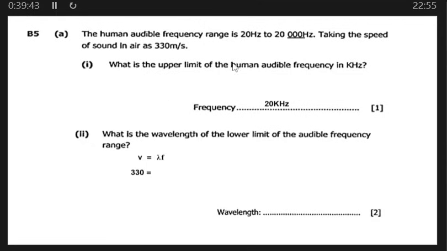V stands for velocity, speed, which is 330, equals wavelength, which you don't know, times frequency, the lower limit, which is 20. So you say 330 is equal to 20 times wavelength, then divide by 20 here also. Then you cancel them out, you remain with wavelength is equal to, divide 330 by 20, which will give you 16.5 meters as your answer. So the wavelength is equal to 16.5 meters there.